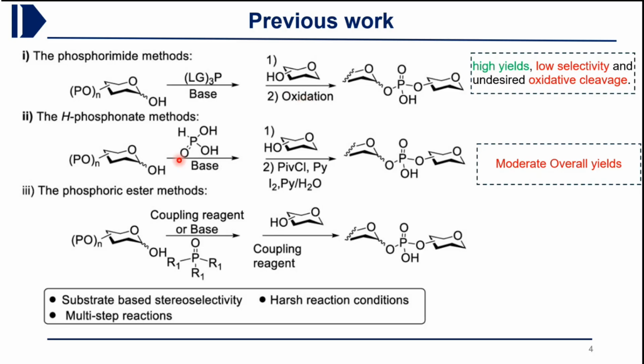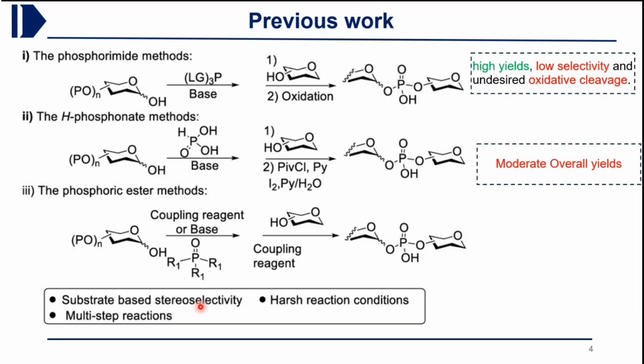There are other methods like the H-phosphonate method and phosphoric ester methods. Those also give the same type of compound, but again there is a disadvantage: they give low selectivity, they do not get one as a major compound, and they give moderate overall yields. Their stereoselectivity is substrate-based, they use harsh conditions, and they require multi-step reactions.